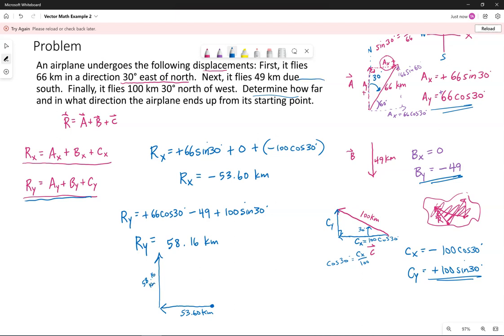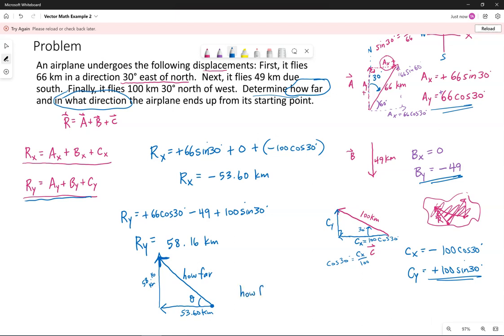The question is specifically asking us how far and in what direction. That means just straight line. If this airplane were to fly in a straight line from starting point to ending point, how far would this be? So how far? What direction means what angle? What angle would this airplane have to head in to get to that place?